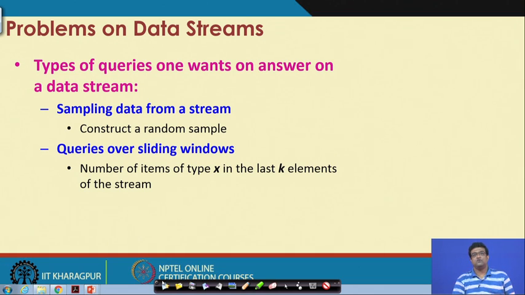For example, the number of items of type X in the last k elements of the stream. This is one type of query. Now we will see a small problem regarding constructing samples of fixed size from a stream.